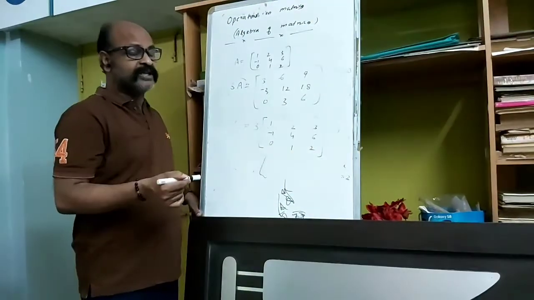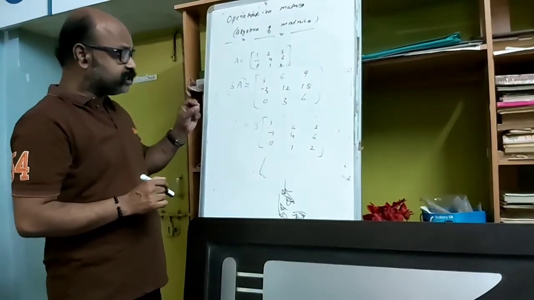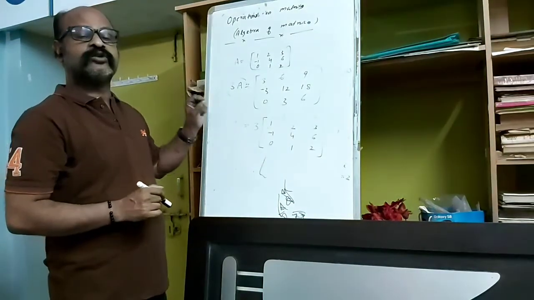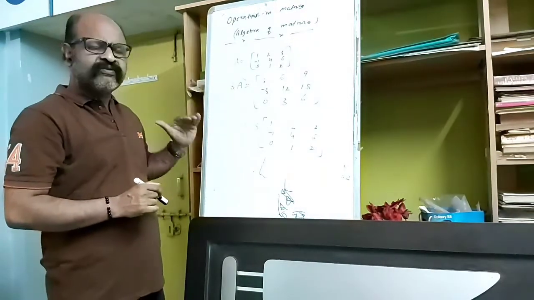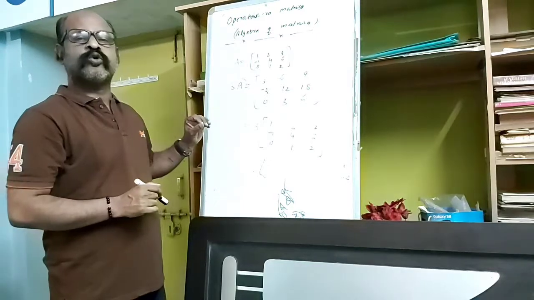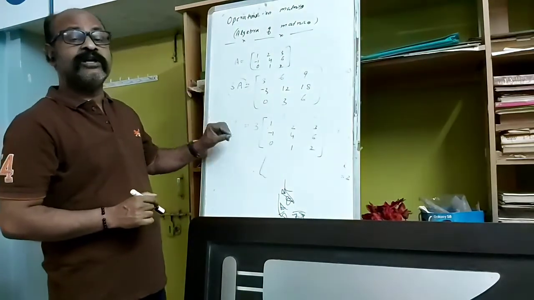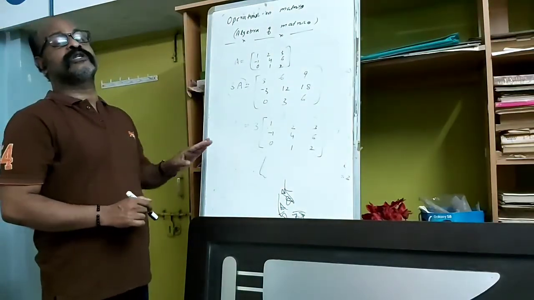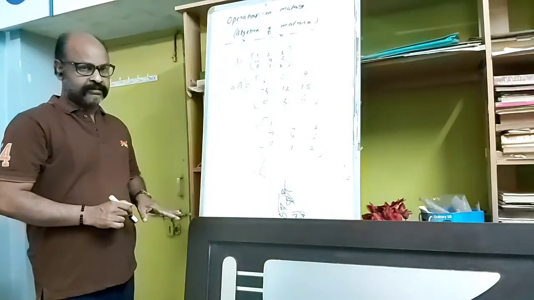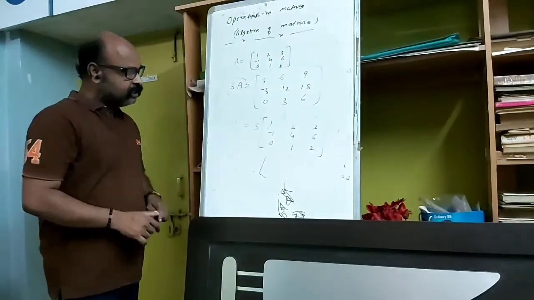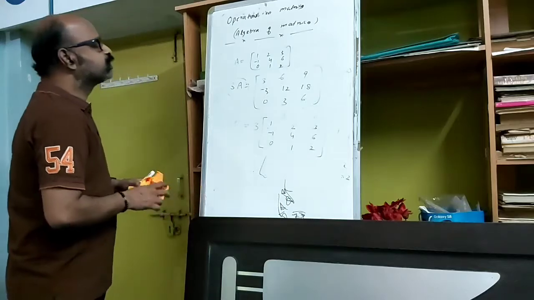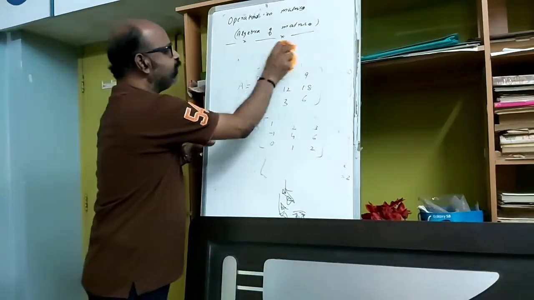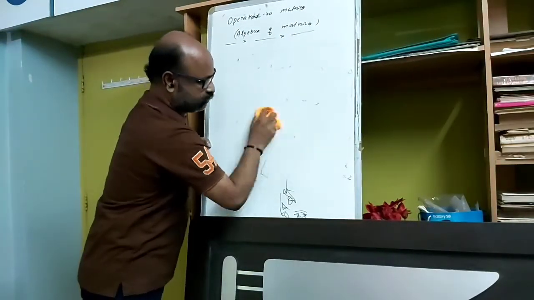But when you come to a determinant, you will see that for taking that constant common, it is enough that the constant is common to any one row, not necessary for all the 3 rows. Clear? So we have discussed how to take a constant common from a matrix.